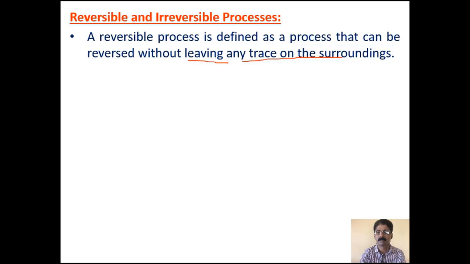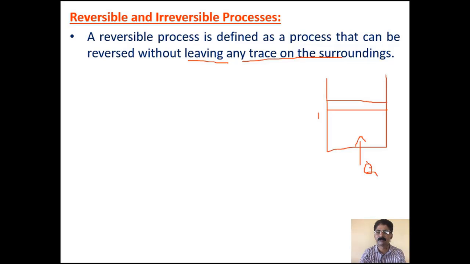For example, consider a piston cylinder arrangement like this, with a rigid cylinder and a piston flexible to move. Let me think that this is state 1 initially. I am supplying some Q amount of heat to this. Because of this, the internal energy of the working substance increases, and pressure also increases.